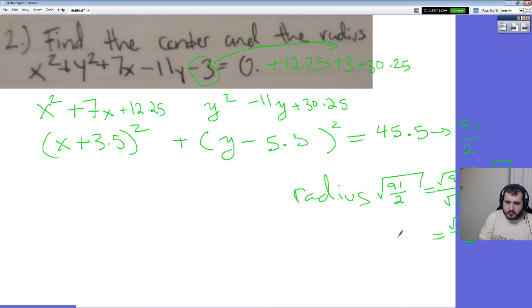So that's your radius, which is 6 something. And then your center is negative 3.5 comma 5.5.